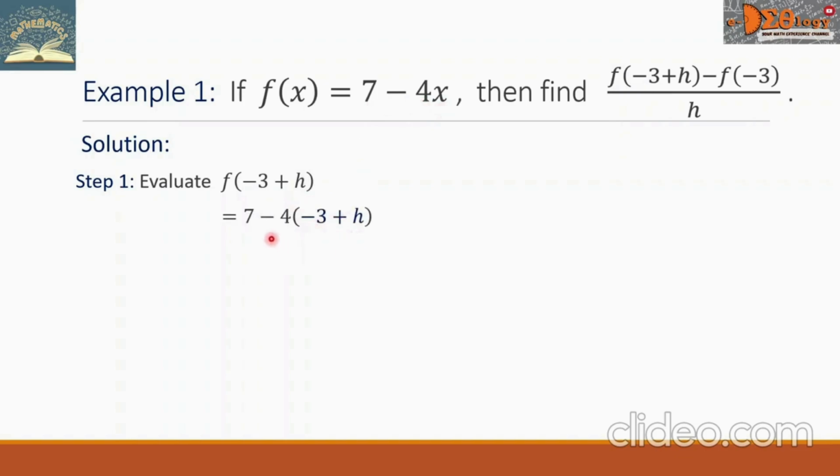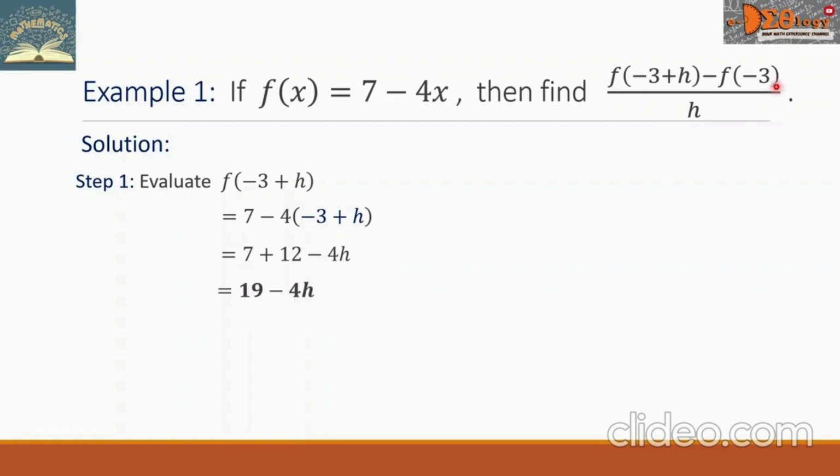Now we simplify. Negative 4 times negative 3 is plus 12. Negative 4 times h is negative 4h. Then we combine 7 plus 12. That is 19 minus 4h.